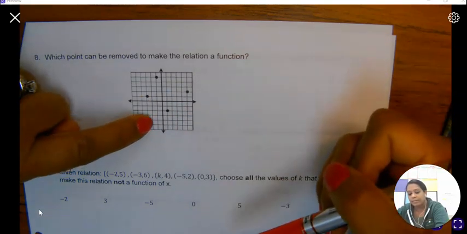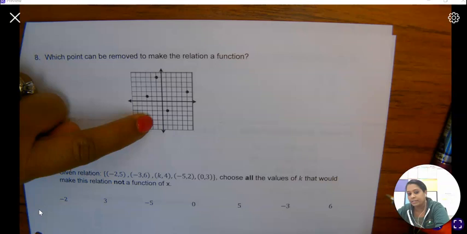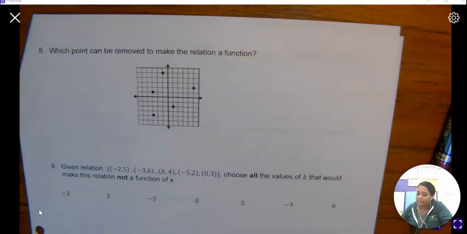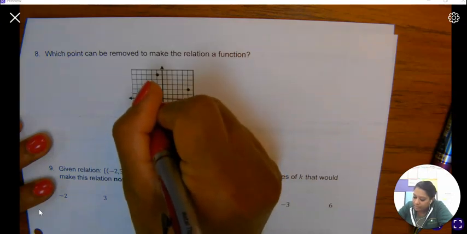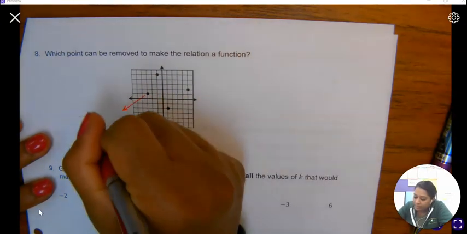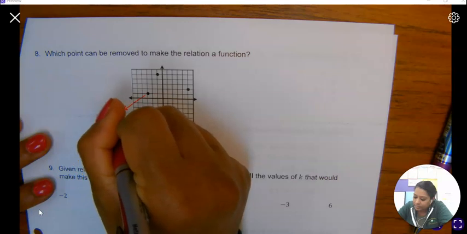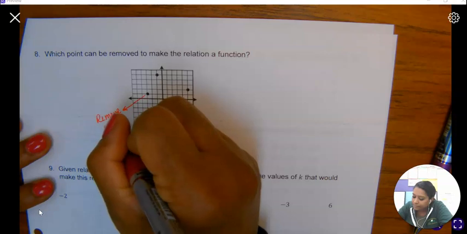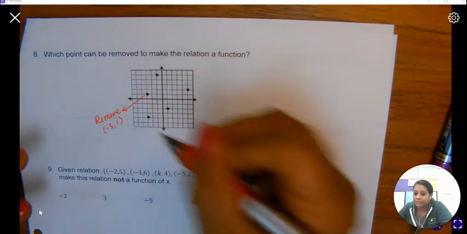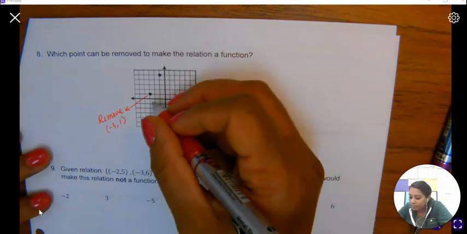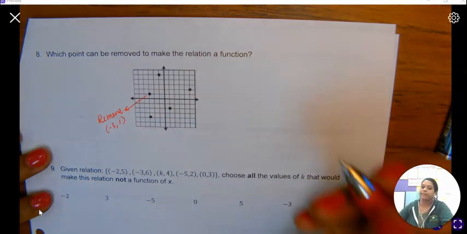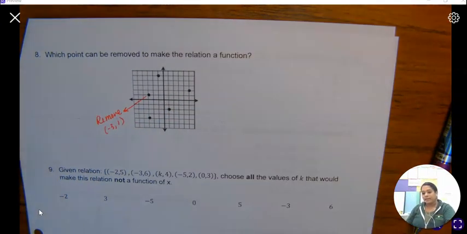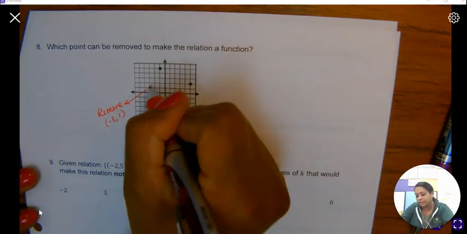So this question is asking you just to remove one of the points. So I could remove, I don't know, I'll remove -3, 1. I could have also said remove -3 and -1, 2, 3, 4, but I picked that one. Why? I don't know. It doesn't matter.